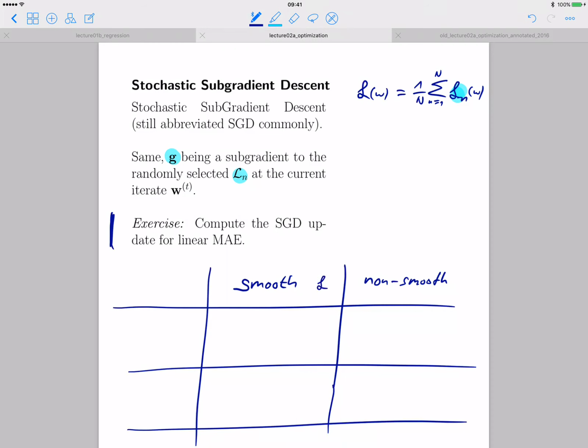The L. And the algorithms we looked at were gradient descent and stochastic gradient descent. So here we used the whole L, and here we only used the one from one data point. Yeah, this is for mean squared error. That's an example, and here mean absolute error, that's another example.